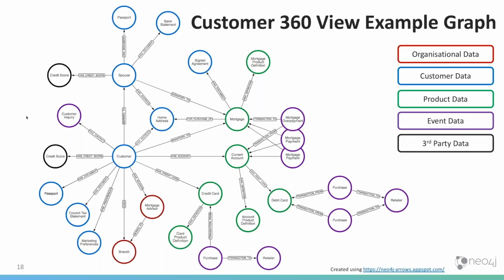You probably have information about your customer's phone number. Maybe you have information about their social media interactions with you, if they've ever mentioned your organization in a hashtag or something like that. The idea is to have a map, a view of all your customer data, and then you can use that to improve your interactions with that customer.